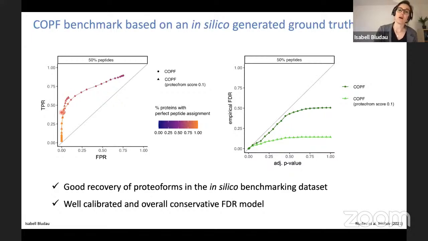What is even more important is that we have a working scoring model with well-calibrated and overall conservative FDR models, where you can see the adjusted p-value that COPF estimates against the empirical FDR. You see that we are generally following the diagonal and are slightly on the conservative side, just to show you that the overall method should be sound.